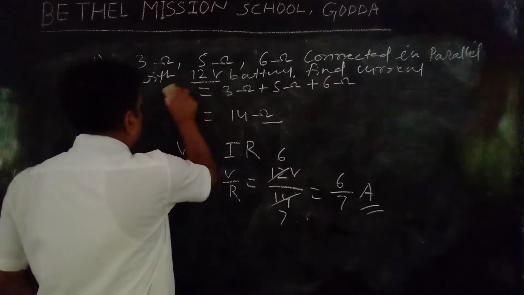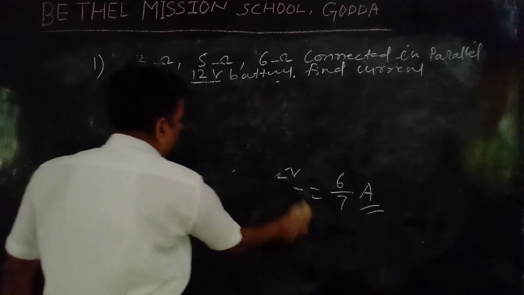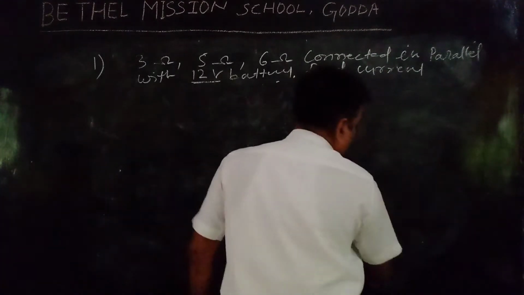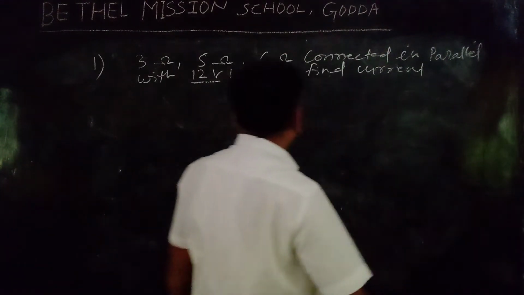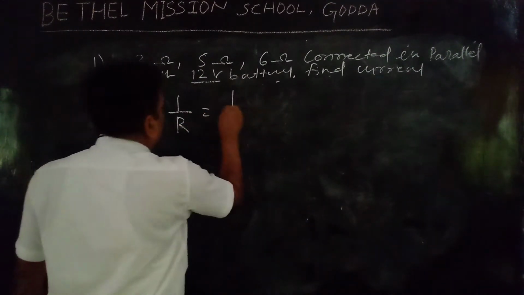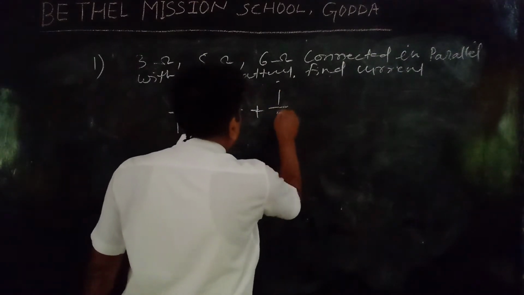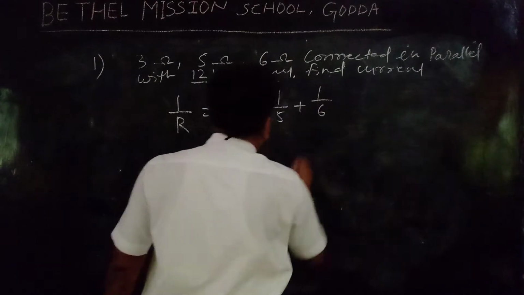So first we'll find the equivalent resistance. 1 upon R equals 1 upon 3 plus 1 upon 5 plus 1 upon 6.